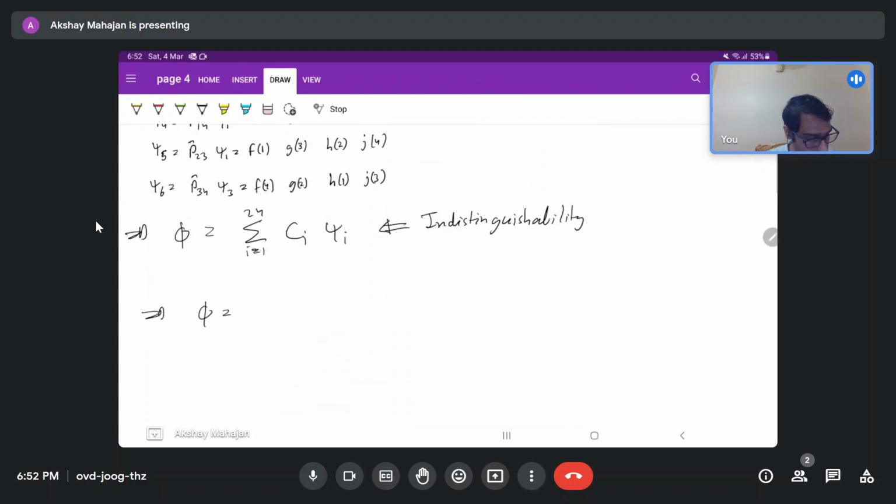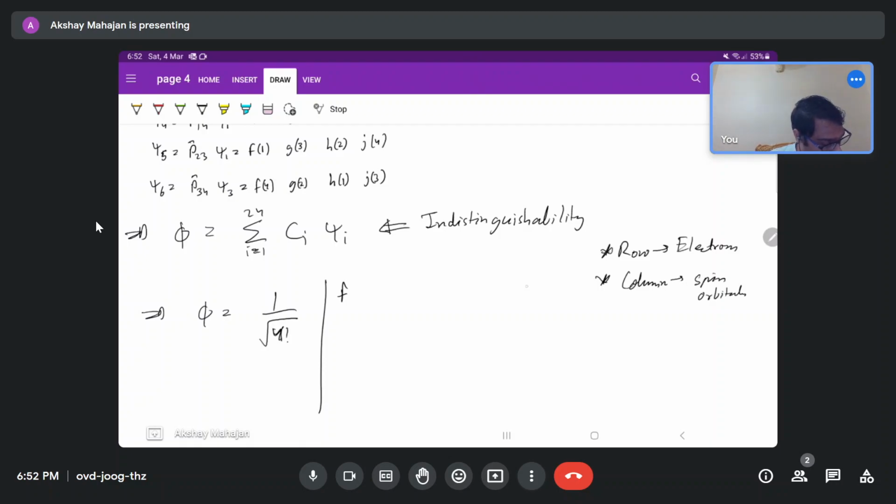So our Slater determinant will be 1 under root of 4 factorial, as we know there will be 4 factorial ways of arranging them. We will have the determinant, and how we write that determinant: our rows are electrons, and our columns are spin orbitals.